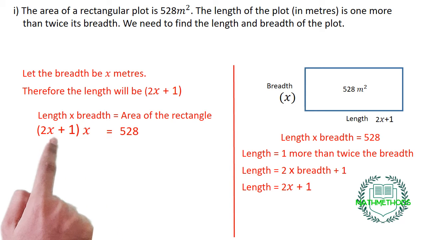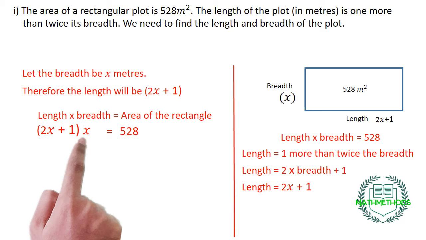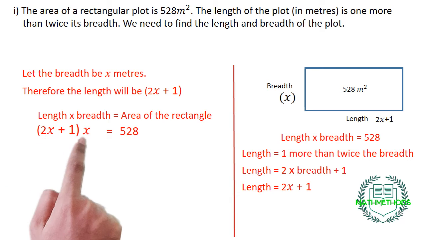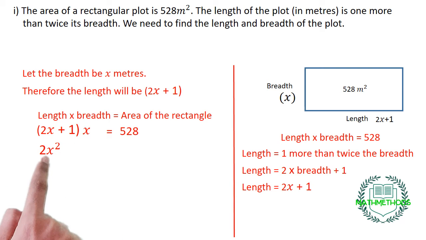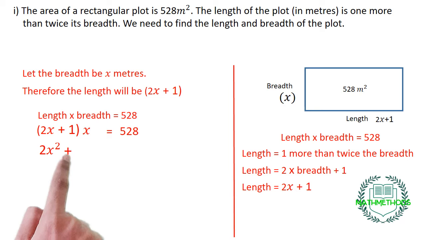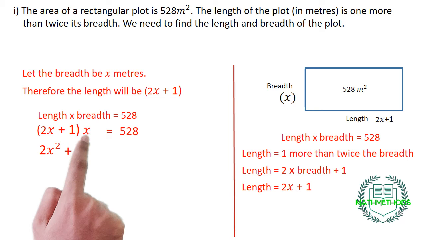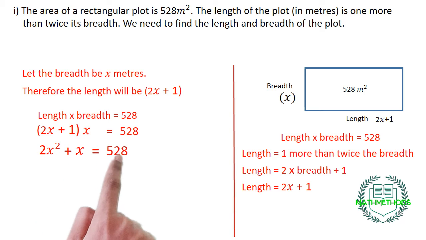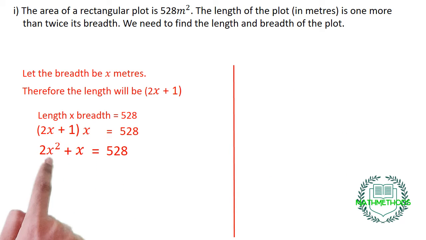Each term from the bracket will be multiplied by x. 2x into x equals 2x squared, plus 1 multiplied by x is x, equals 528. Now this is the required quadratic equation that represents the above situation.